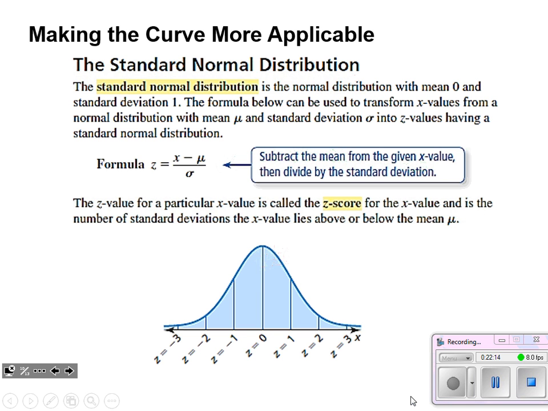Well, in order to adjust our normal curve to work with any x value, we find what's called a z-score for that x value. Basically, what that does is it takes a situation and adjusts our normal curve. It standardizes it to work for us. Okay, so here, it's a very simple formula. I would definitely box this up.